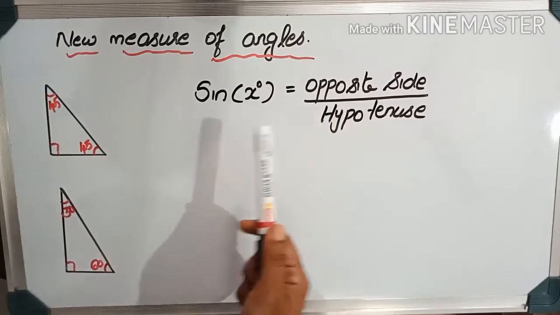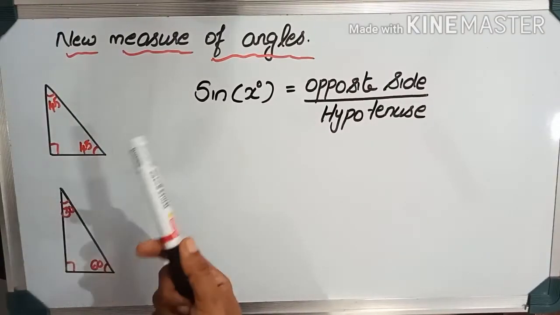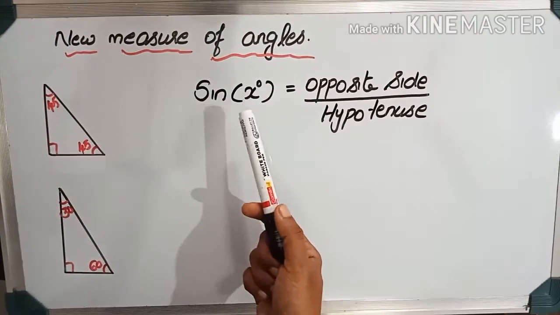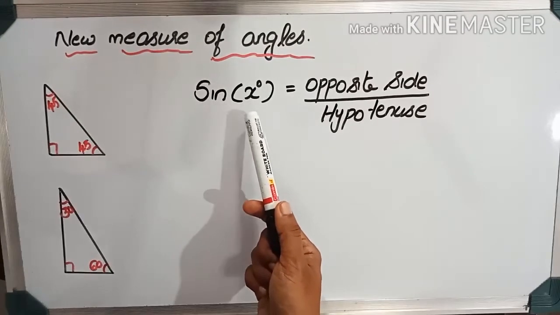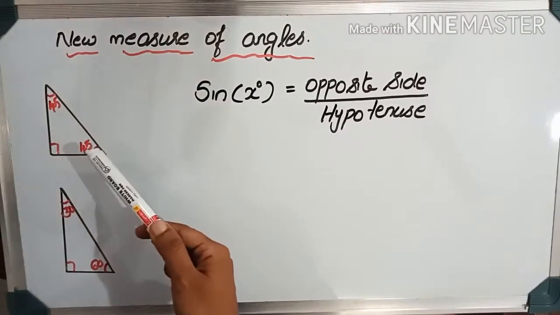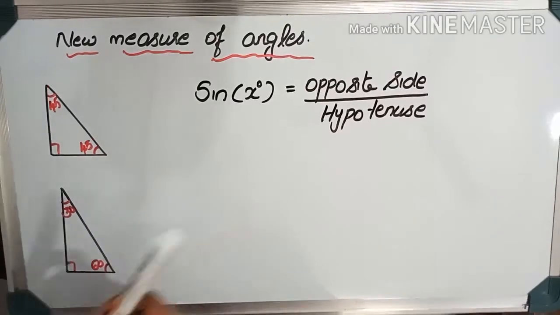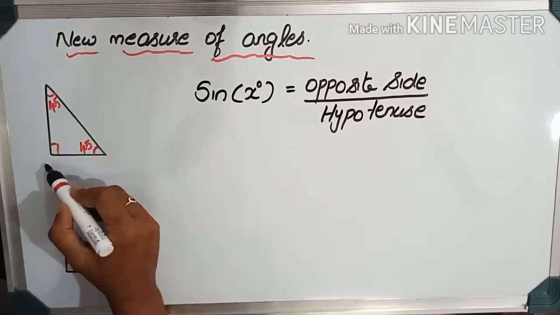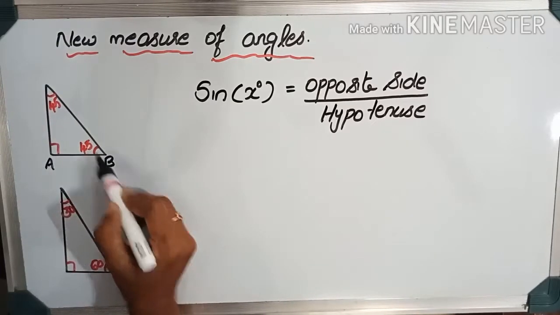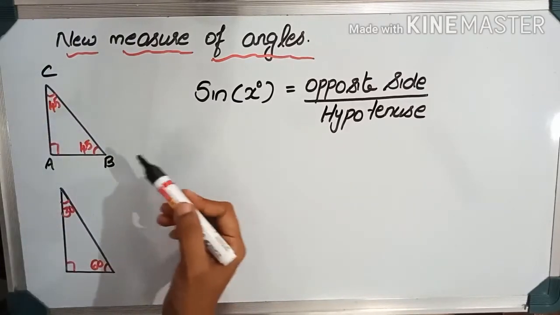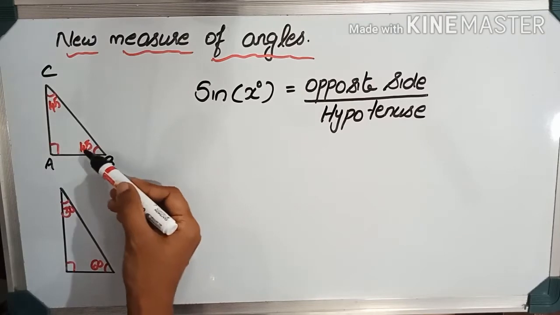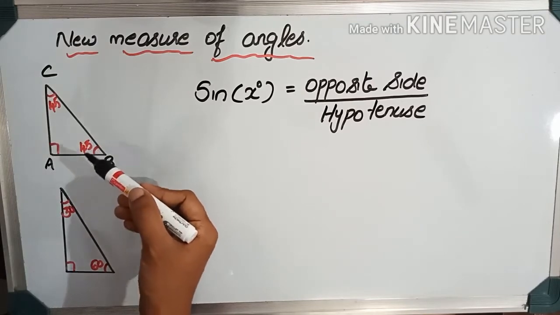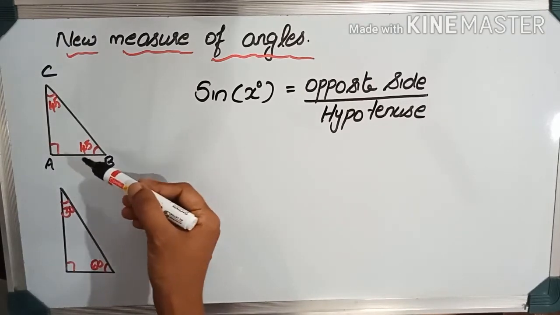First of all consider any angle. I told you x can be any angle, whatever that angle is. For that angle, three sides we can consider. For example, here I am going to consider this angle. Let's name the triangle A, B, C. If I am considering this angle B, that is the 45 degree angle, three sides are there for this angle.